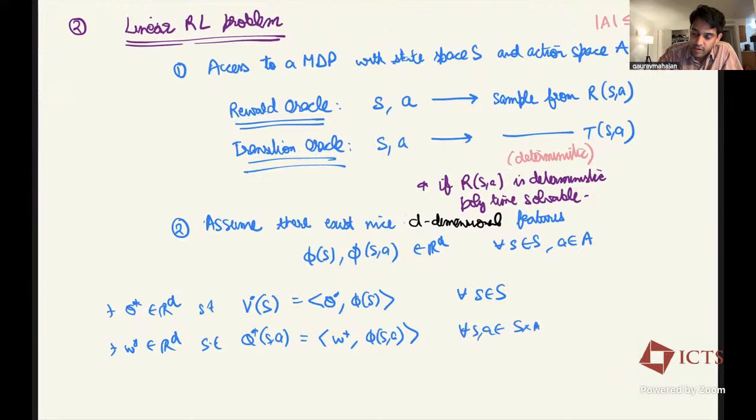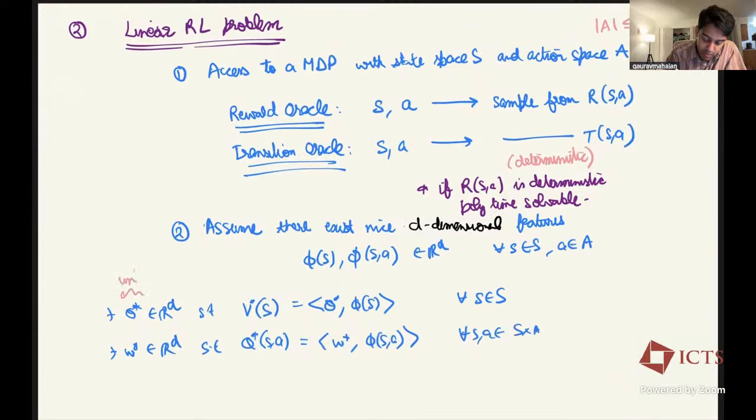These are unknown, and they have norm bounds less than one. Features also have norm bounds, but I'm not writing those.